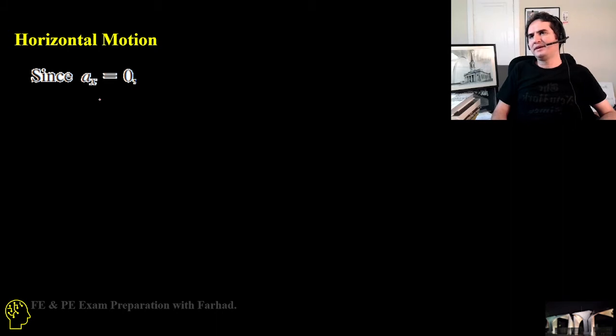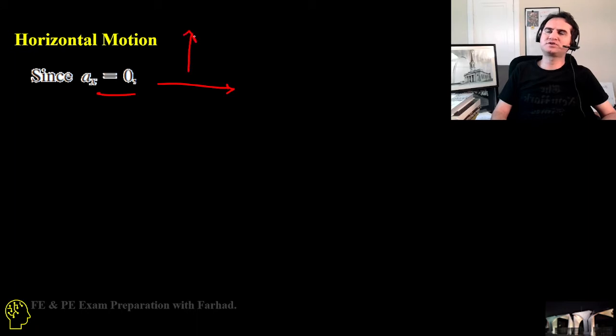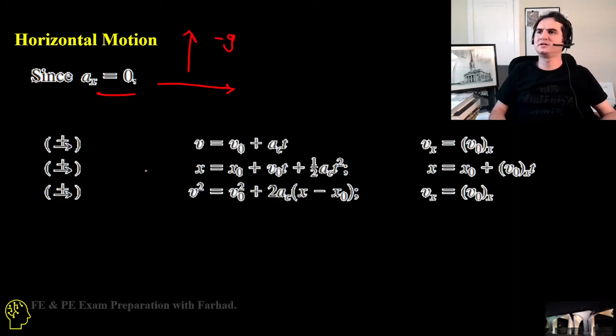We don't have any acceleration in the x direction of the projectile, so that's a constant velocity. But in the y direction, we have an acceleration of negative g. We'll study it more. So in the x direction, v is equal to v naught plus a times t.